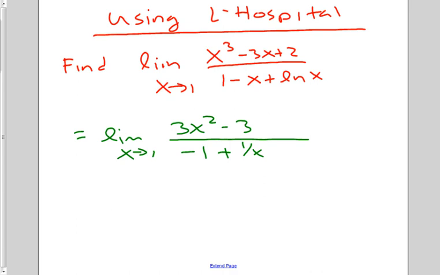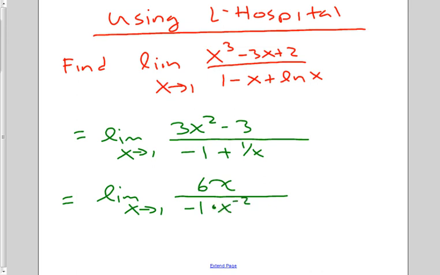Well, we just used L'Hopital's rule. However, if we use direct substitution now, plugging 1 in, we're again going to get 0 over 0. There's no limit to how many times you can use L'Hopital's rule, though, so this equals the limit as x approaches 1. Take the derivative once again. 6x over, well, negative 1 goes away. Derivative of 1 over x is negative 1 times x to the negative 2.